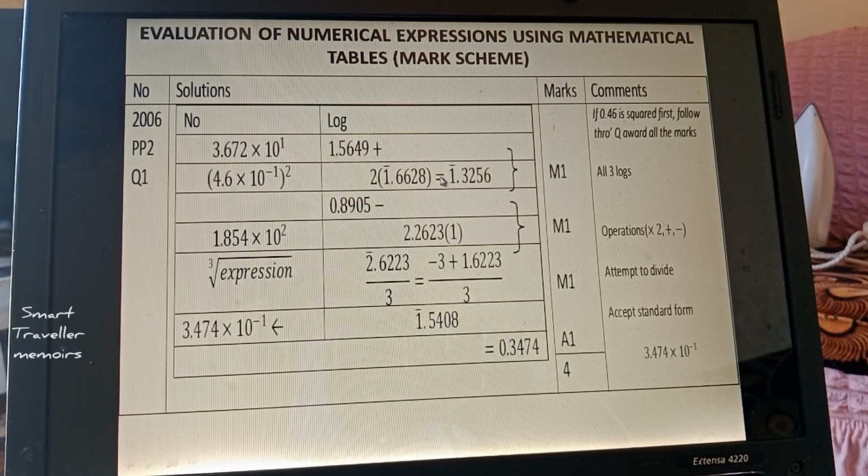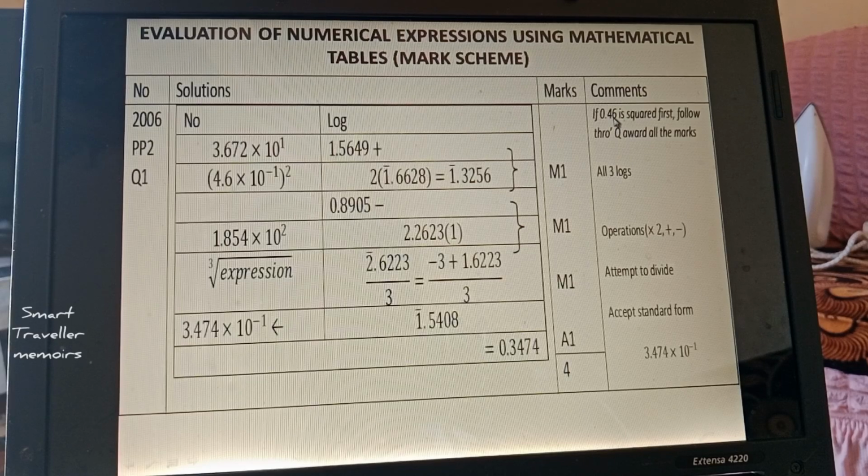You get the logarithm to be bar 1.3256. Remember, here I'm not making the whole number negative. It's only the characteristic which is negative. When you add them, you are going to get 0.98905.